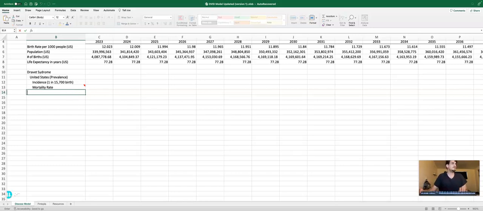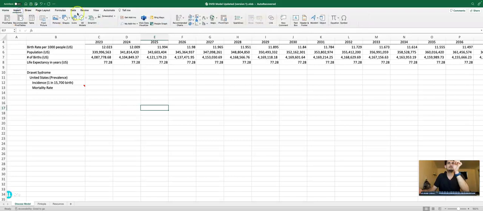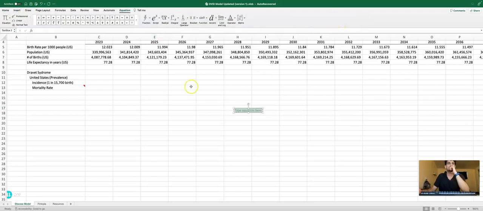But, okay, the next step: if you want to calculate the prevalence, let me show you the equation. Let me insert an equation.